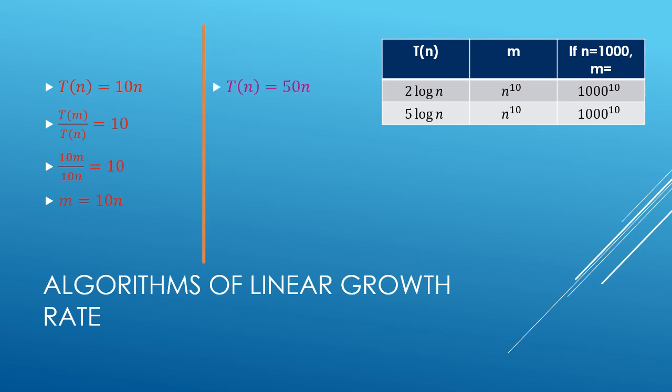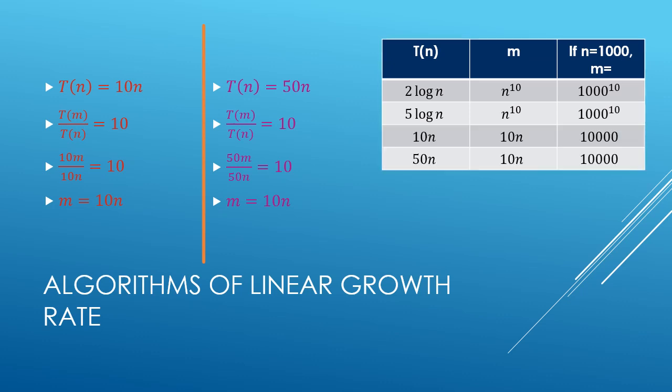Let us take another algorithm which is linear. This time the running time is 50n. Putting this value in the speedup equation, I still get to the same improvement in problem size. So, if the running time of an algorithm is 10n, then the new machine can churn 10 times more data than the previous machine.